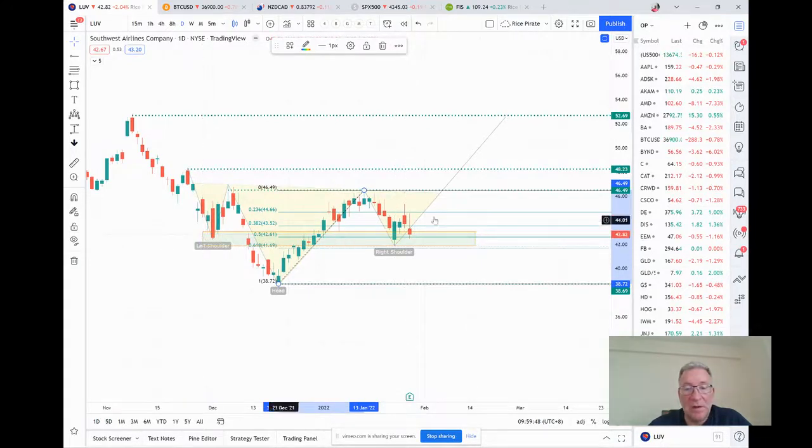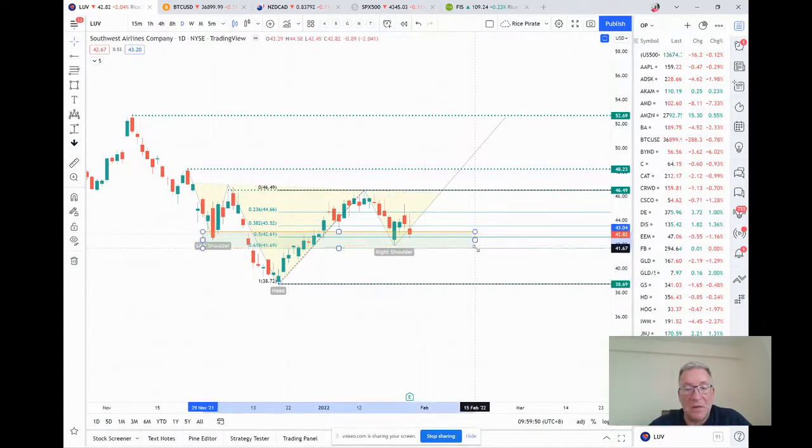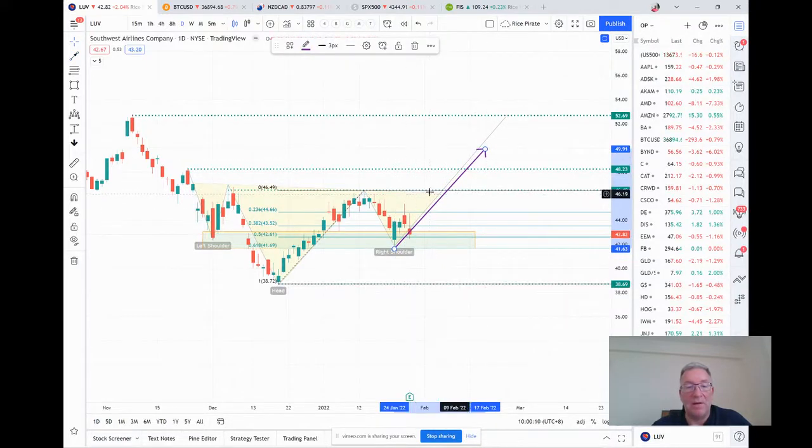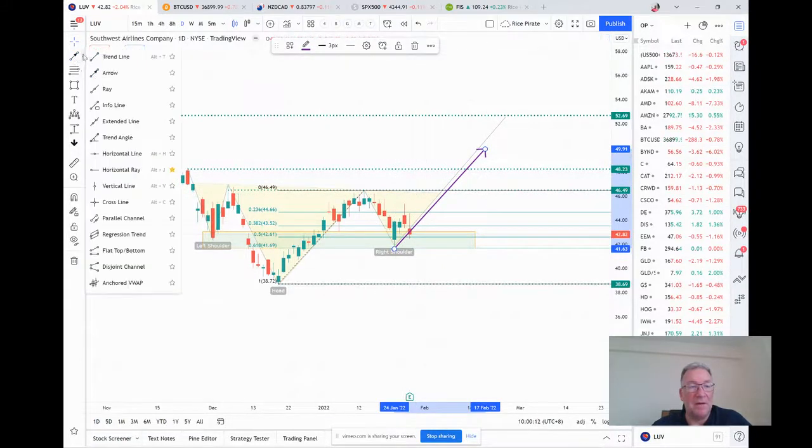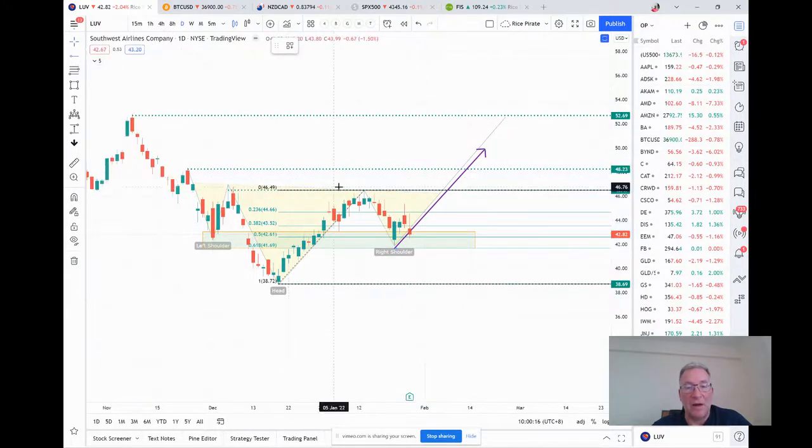So it's a game of patience at this point. We don't have to get into a trade here at all on this pattern. If this pattern is going to show, it's only going to show if we bounce somewhere down in here and we break this neckline, and that neckline is right there. So right now, we're just in the get ready area.